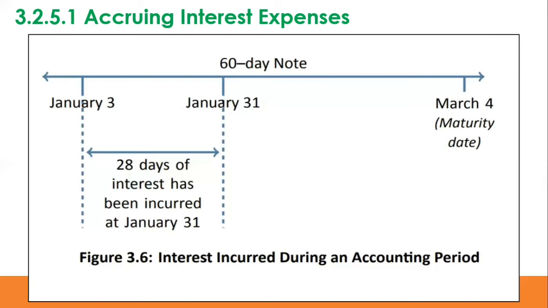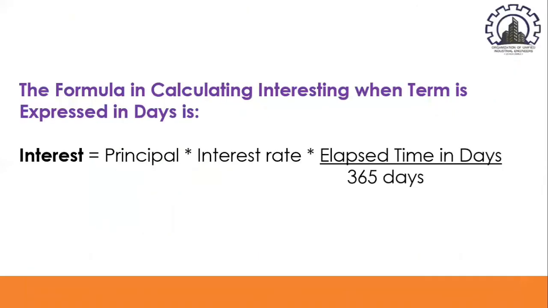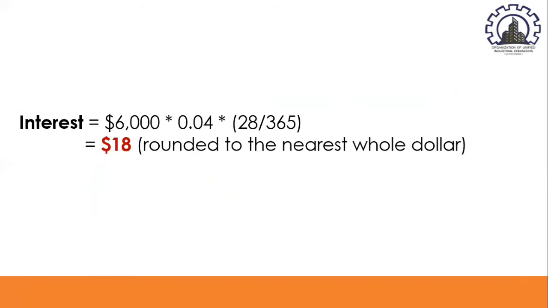Now, the formula in calculating interest when term is expressed in days would be interest equals principal times interest rate times elapsed time in days divided by 365 days. The interest expense accrued at 31st of January is calculated as $18, rounded to the nearest whole dollar. You might be asking, why is it divided by 365 days?